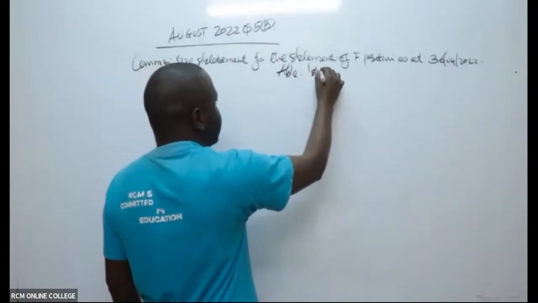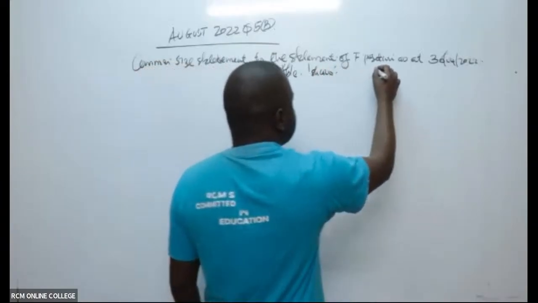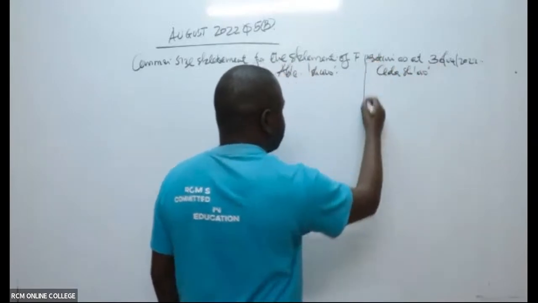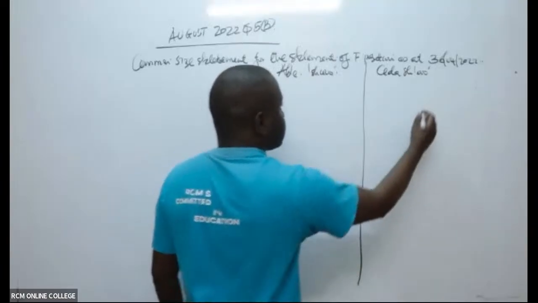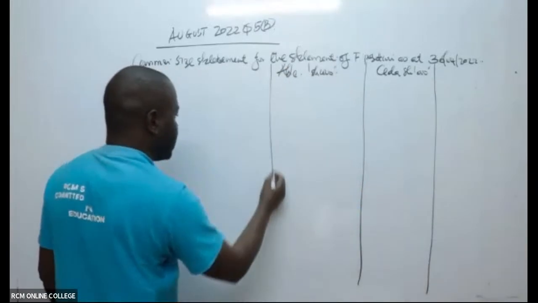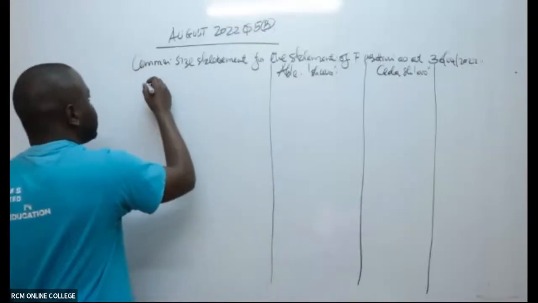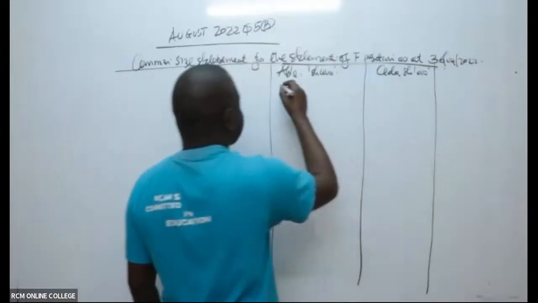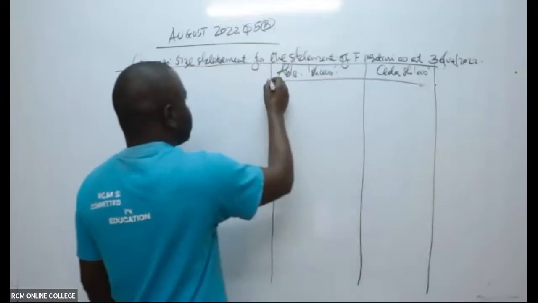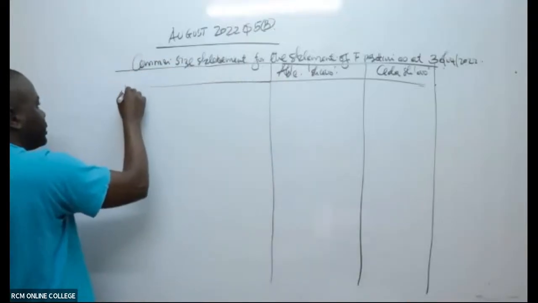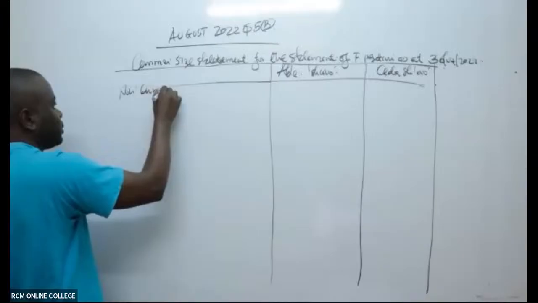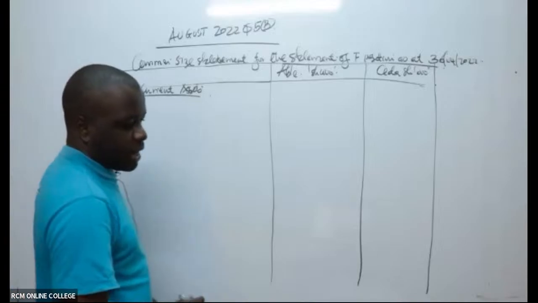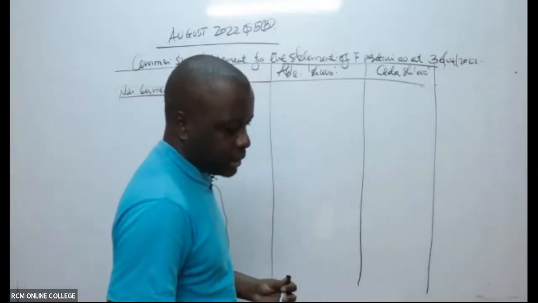Our figures are in shillings of thousands. You can start with the non-current assets. The first item under the non-current assets is property.